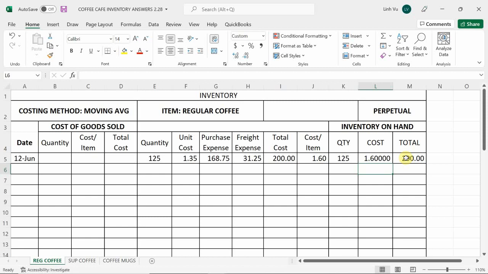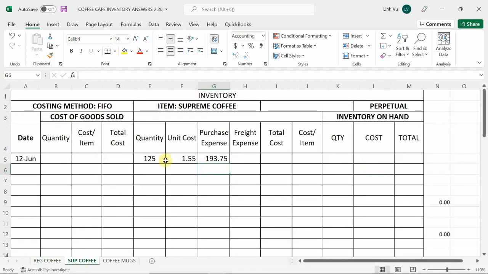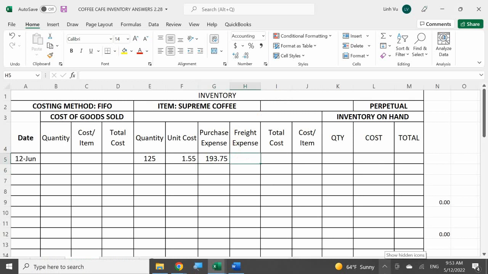So for a fact, I know I should have $200 in my inventory for my regular coffee. And then for Supreme Coffee, let's go ahead and plug our numbers in as well. We had another $31.25, which gave us a total of $225.